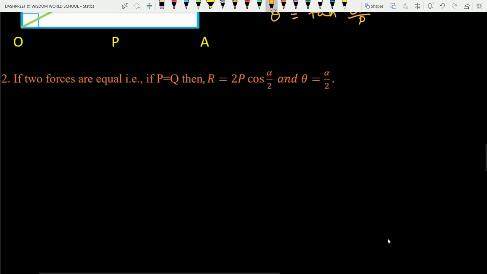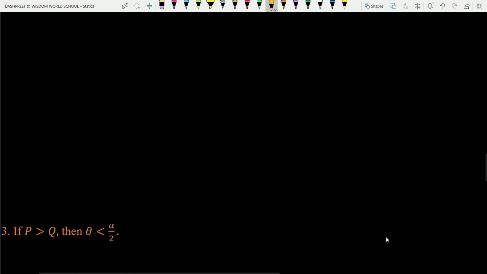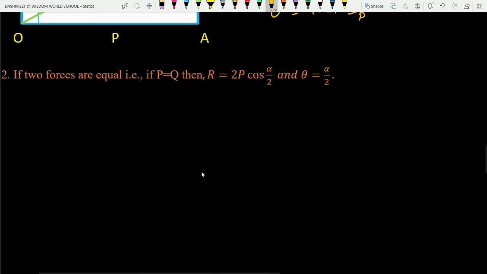Next special case is if two forces are equal. If both forces P and Q are equal, P is equal to Q, then R is given by the formula 2P cos alpha by 2.